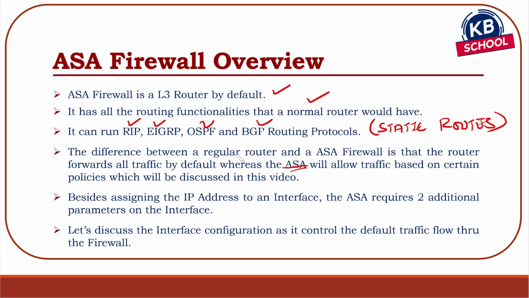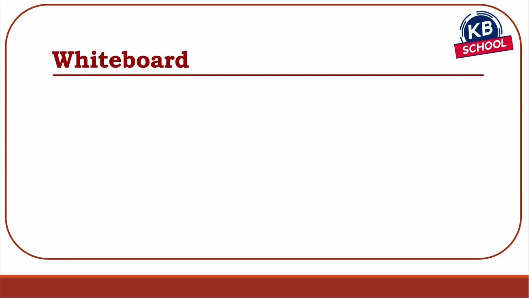Now, in order to do that, there are certain things that are different on the ASA firewall from a router. Normally, when you configure a router interface, you just need to assign it an IP address and bring the interface up. So let's say it's a router, and you want to bring up the interface of a router.